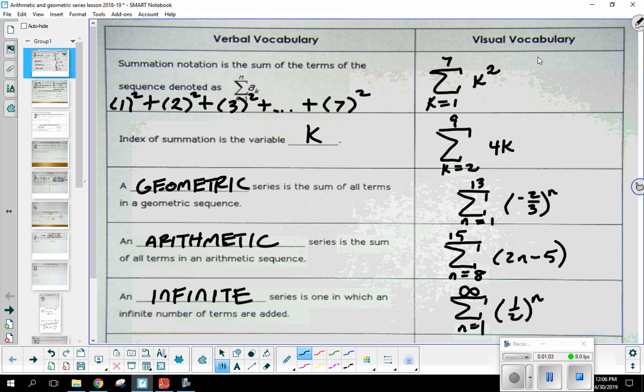Series, yes. Arithmetic and geometric series. Oh. We're not talking about pairs of combinations, no. That's something different, yes. Oh, okay. It's right here, look.